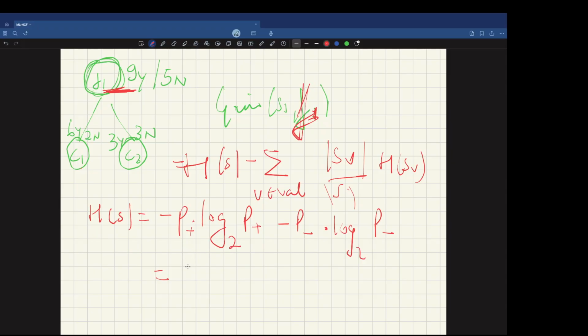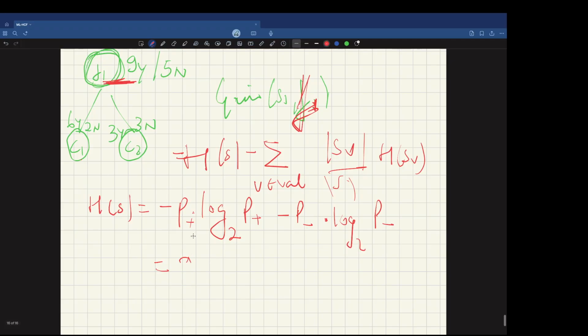So how many positives are there? 9 out of 9 plus 5, which is 14, multiplied by log base 2 of 9 by 14. How 14? This is the probability of getting yes and the probability of getting no. The probability of getting yes is 9 by 14, because 9 plus 5 is 14.